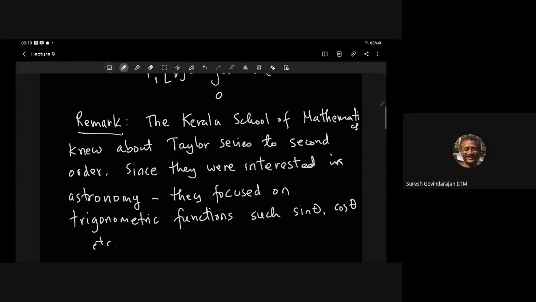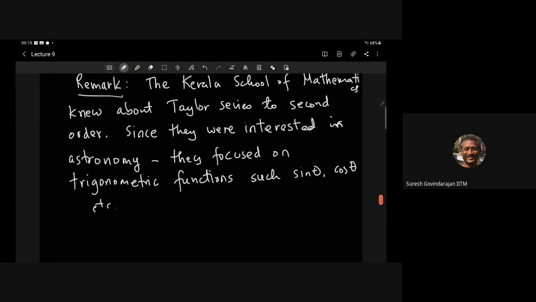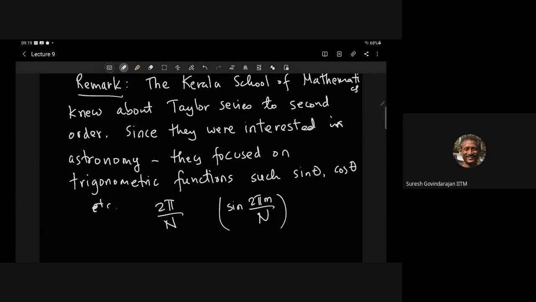Okay, so the point is that they needed these things to arbitrary precision. So what they would do is break up 2 pi into some bunch of intervals, and they need to compute sine of, say, 2 pi n by N. All these values, they would tabulate them, and they have to compute them to some accuracy. And they knew about Taylor series.